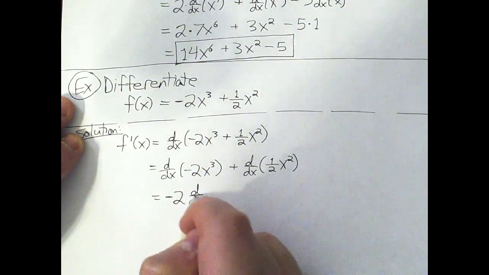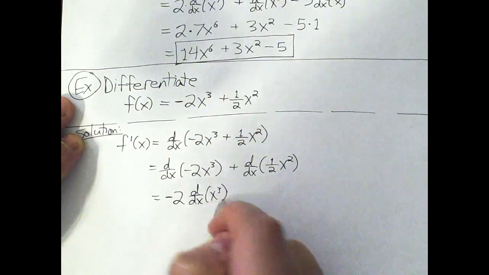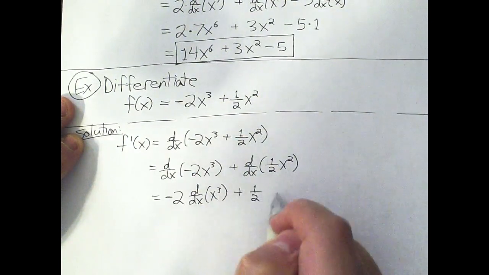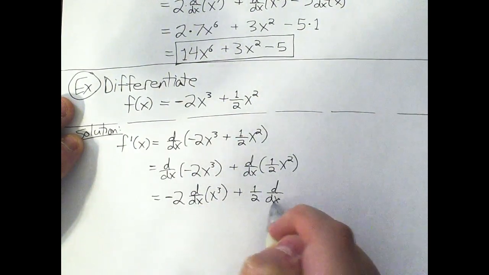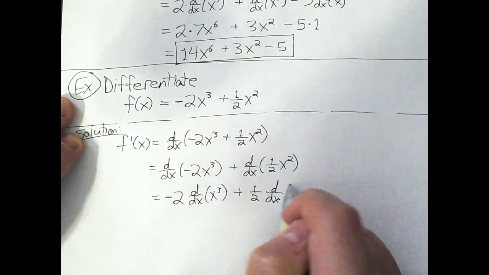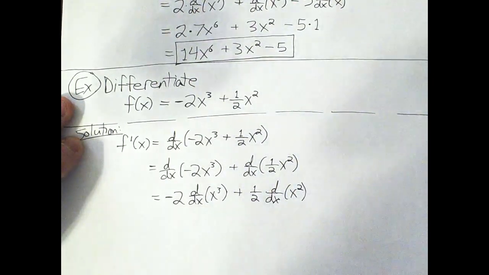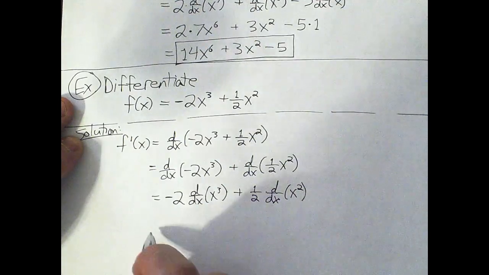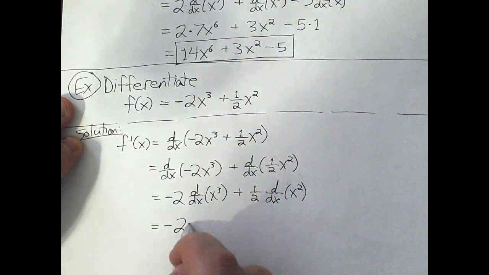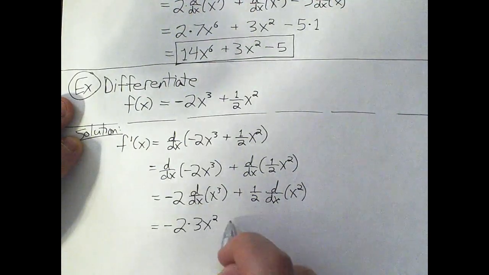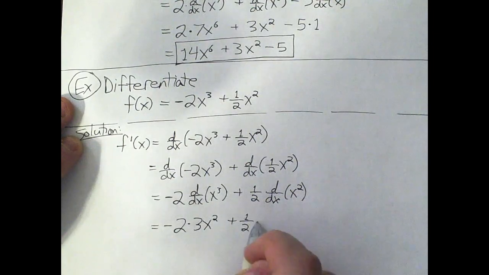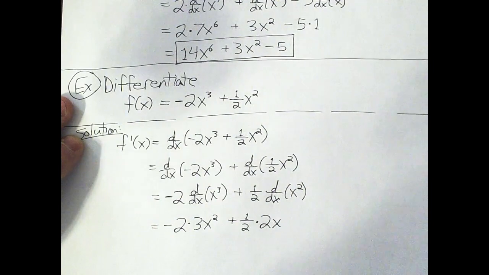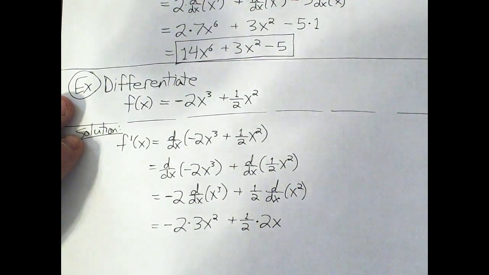Anyway, let's pull it out now and pull out this 1/2 d dx of x squared. And I get -2 times 3x squared plus 1/2 times 2x to the 1. If it's x to the 1, we can just write x.